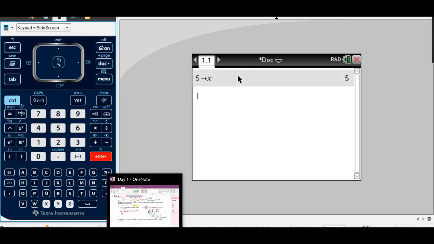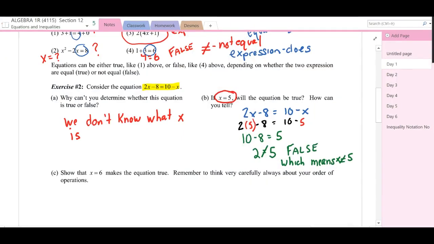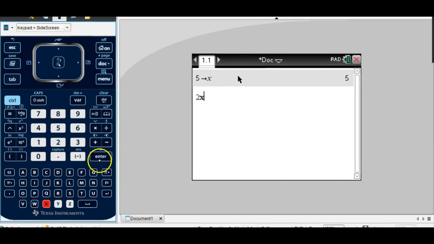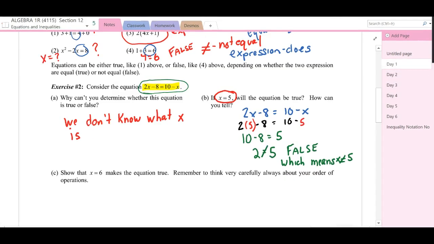Then we're going to type in our equation, 2x minus 8 equals 10 minus x. We're going to let the calculator do the work for us, no sense in making a careless mistake. We've told the calculator what we think x is. We hit enter and it tells us false, which is the exact same thing that we found when we did it by hand.